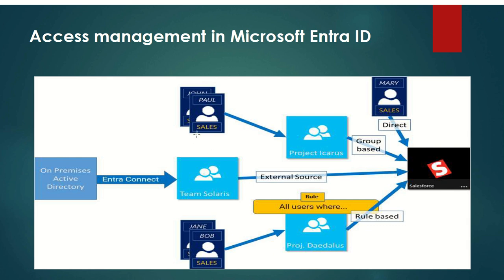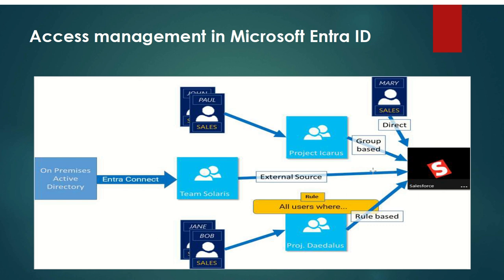Second, we will create a security group called Project Icarus, and we can add users to this group in order to have group based access. This is the more preferred approach for cloud based applications access management.